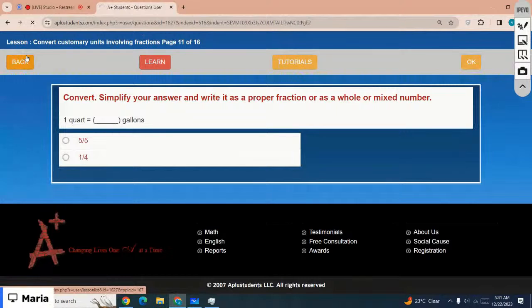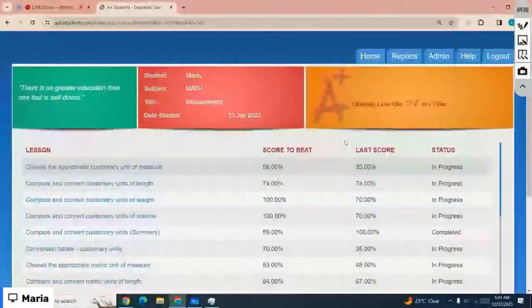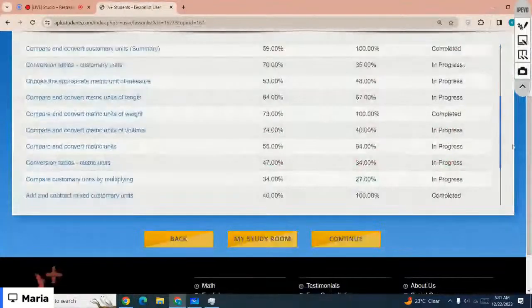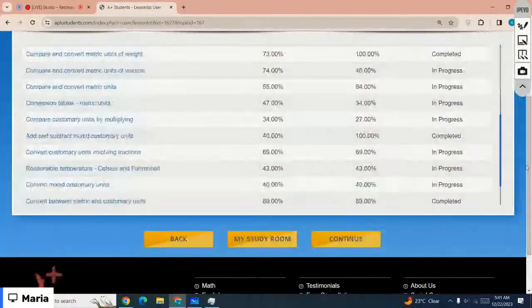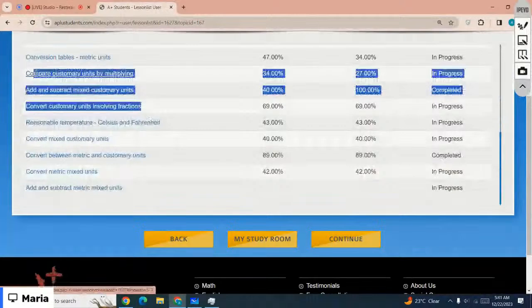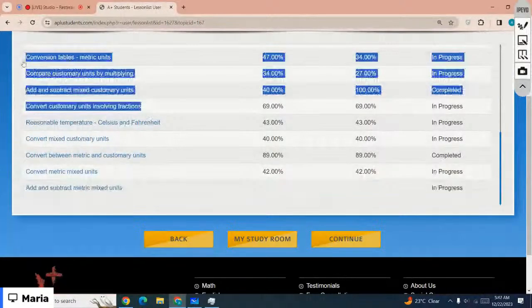So we were working on grade 6 math. The chapter we were working on is measurement, and the lessons we have covered today are convert metric units, compare customary units by multiplying, add and subtract mixed customary units, and the one we just finished is convert customary units involving fractions, right?